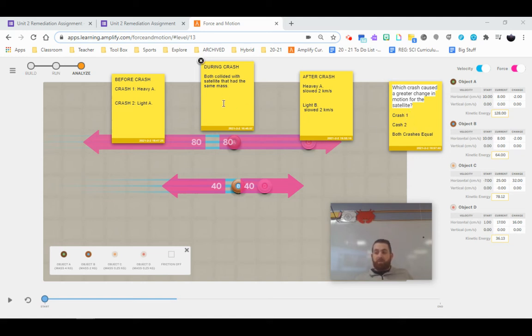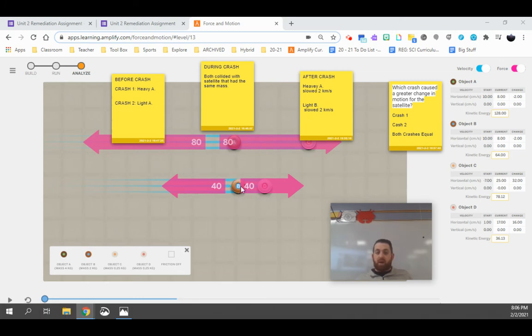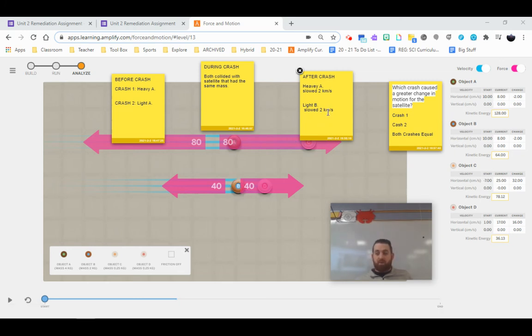In the collision, where they both experience the same forces, whether it's our first collision or second collision doesn't matter, they're going to feel those forces in opposite directions, but they're going to be applied to both objects. It takes a stronger force to move our larger object by 2 kilometers per second than it would a smaller object being moved by 2 kilometers per second.